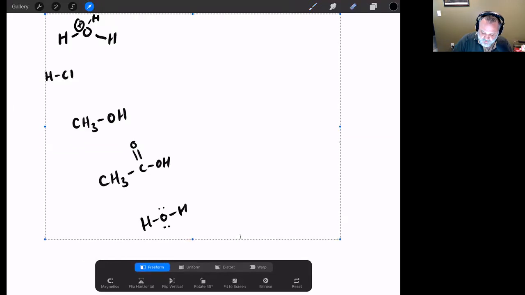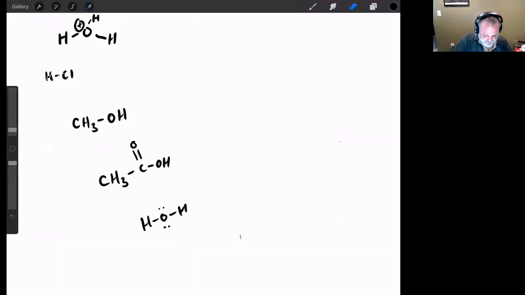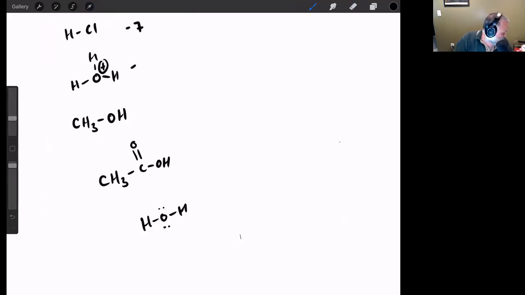And I probably should have arranged the water and the HCl differently, since that's the wrong order of strength. So let me put hydronium here and HCl here. And so what we want to do is talk about the relative pKa's: -7, -1.7.